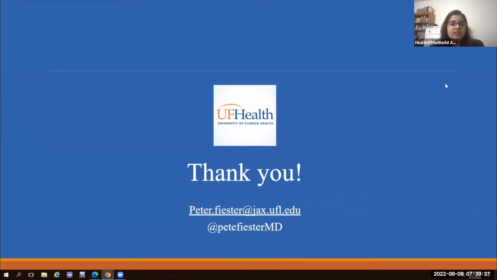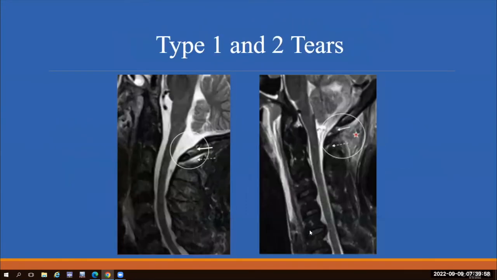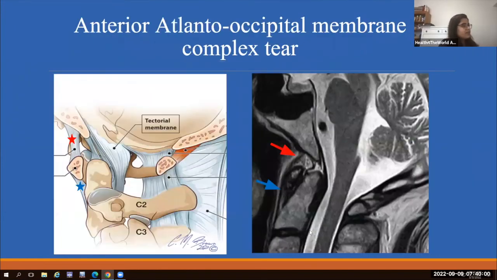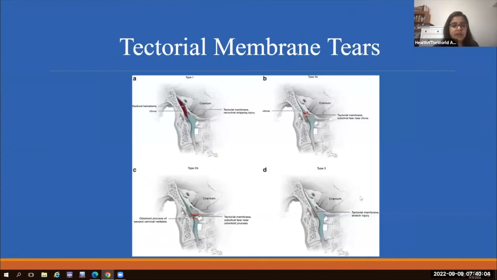He asked, do you recommend using CT or MRI to evaluate this pathology? I think by this pathology, he means when you were showing the type 1 and type 2 tears. If you could go back on the slide. Are you referring to the tectorial membrane tears? He is. He's referring to the tectorial membrane tears when you were explaining the type 1 and type 2.